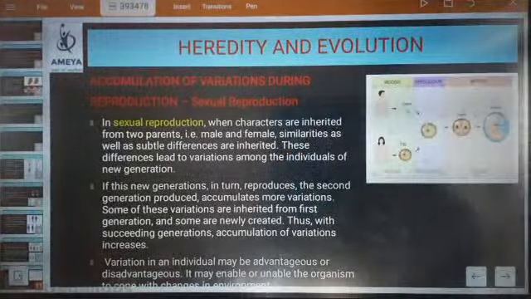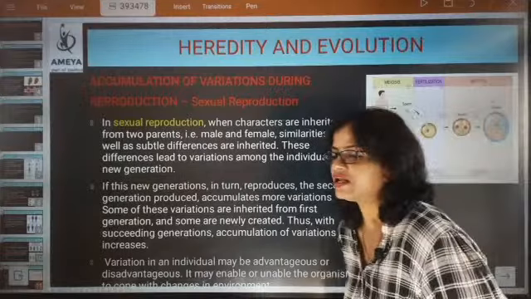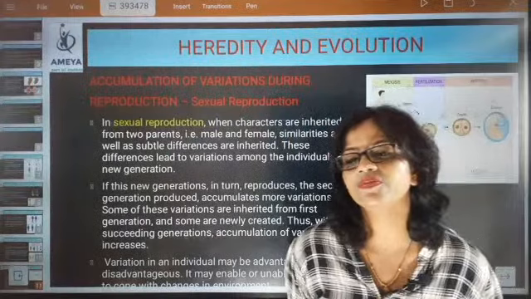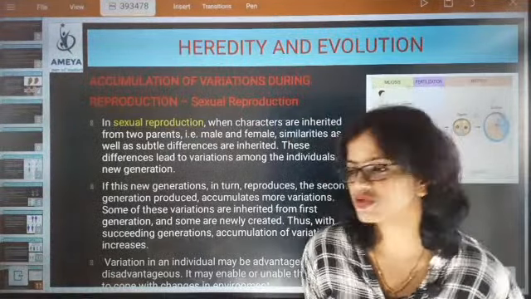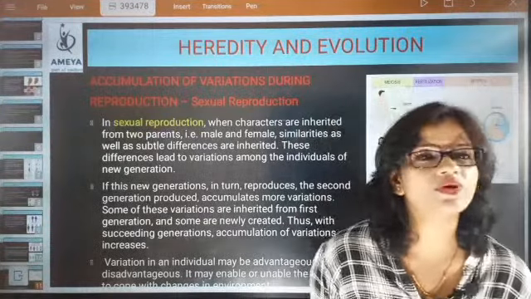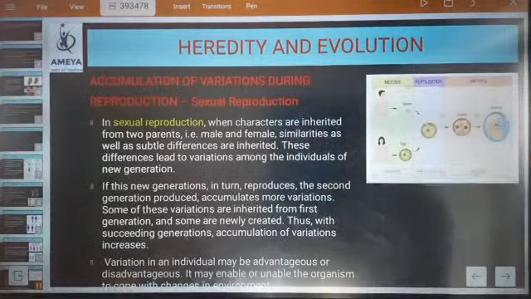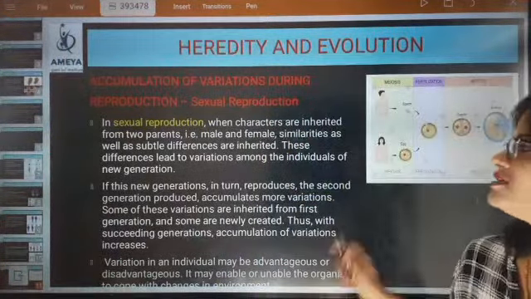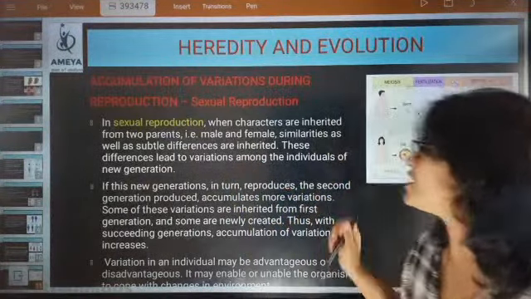Now, accumulation of variation during reproduction in sexual reproduction. They may ask you to differentiate between the variations in asexual and sexual reproduction, where accuracy will be more and where less. Here you have to understand one thing. In sexual reproduction, when characters are inherited from two parents, male and female, similarities as well as subtle differences are inherited.